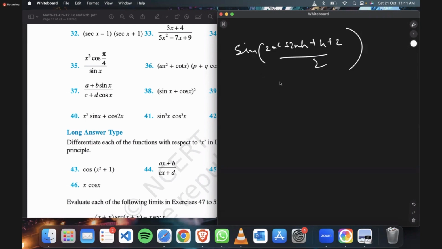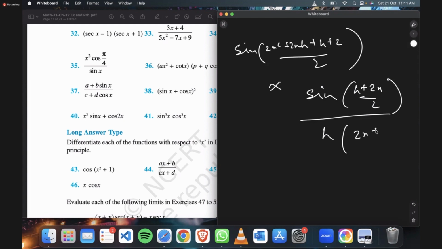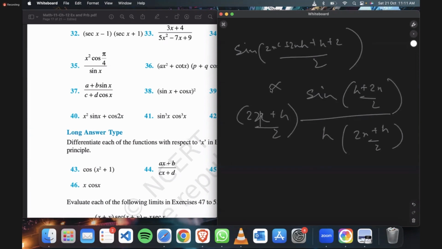But yeah, I can write this sine of h(2x plus h) by 2, and I had an h in denominator, right? So I can do this: h(2x plus h) by 2, and (2x plus h) by 2 here as well. So what?